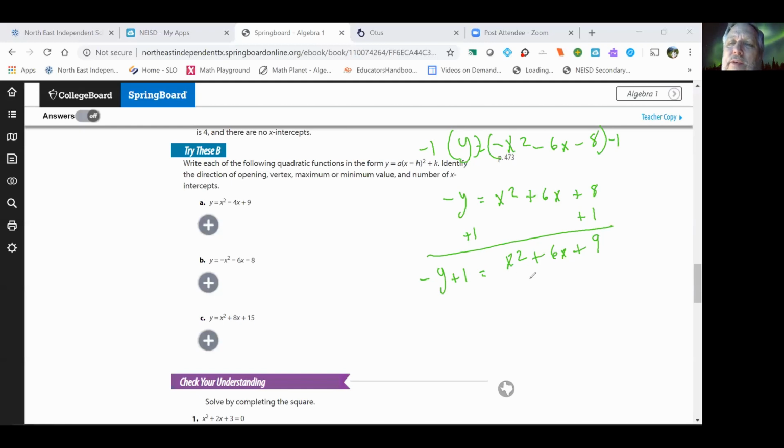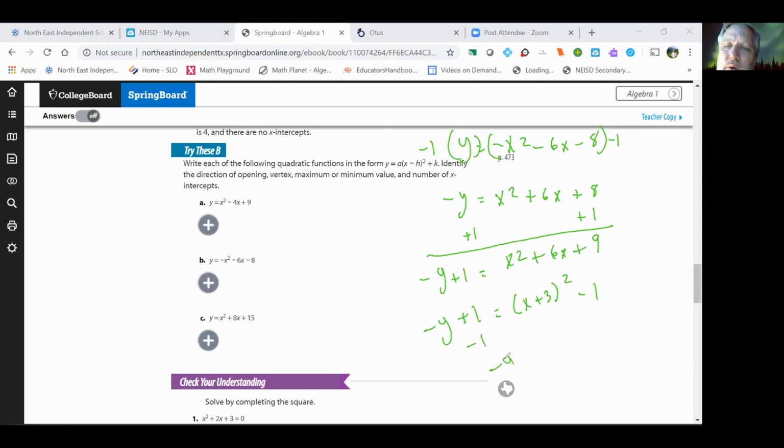Now I can rewrite this perfect square trinomial as a binomial squared, x plus 3 squared. And so that's going to be negative y plus 1 equals x plus 3 squared. And then I'm going to subtract 1 from both sides.